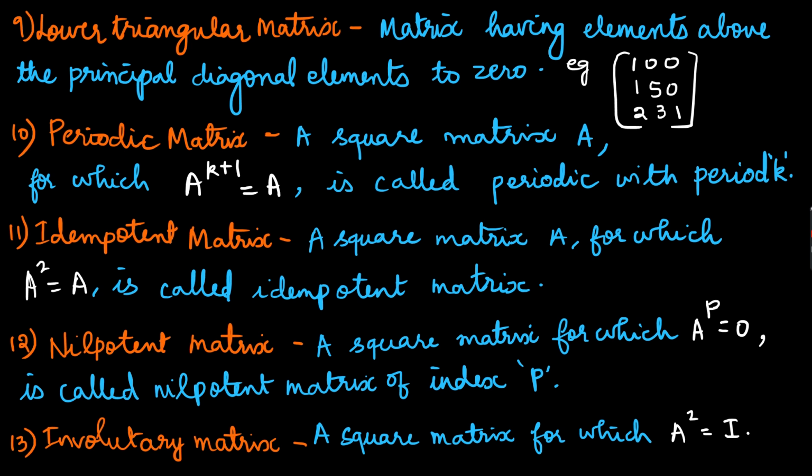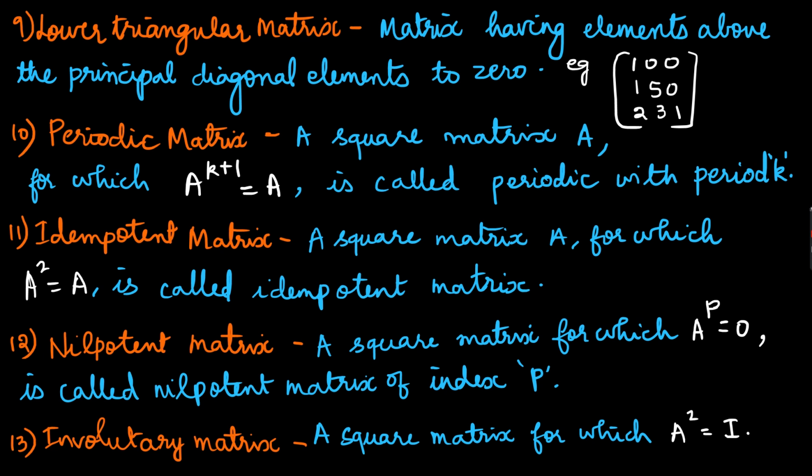If you take some kind of power of a square matrix, say a cube, and you get back the same matrix as given in the question, then you can write that power cube as k plus 1, which is 2 plus 1. Such a kind of matrix is called a periodic matrix, which says that it repeats itself. The matrix repeats itself with a period given by k.